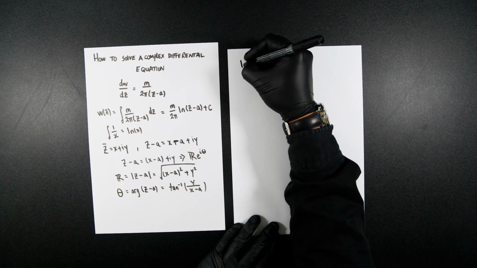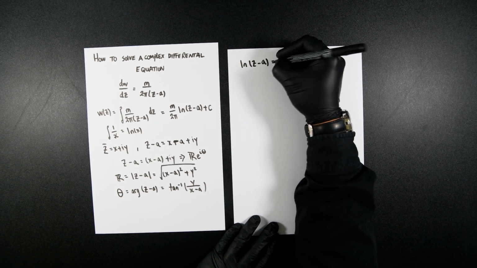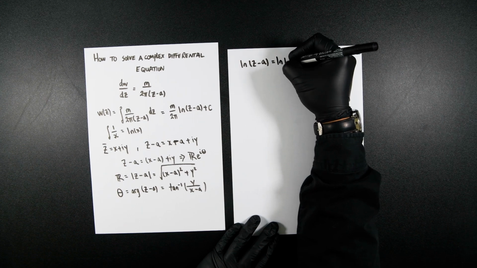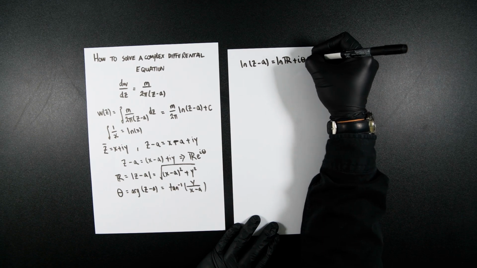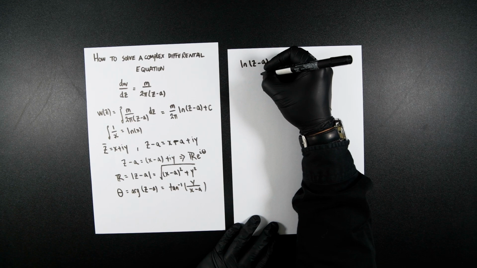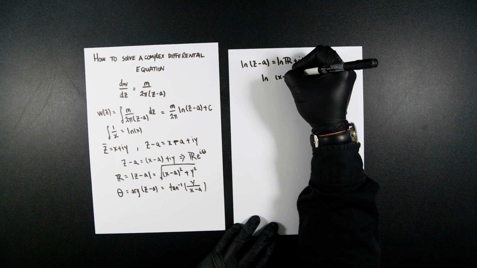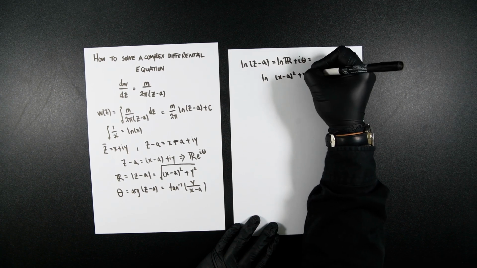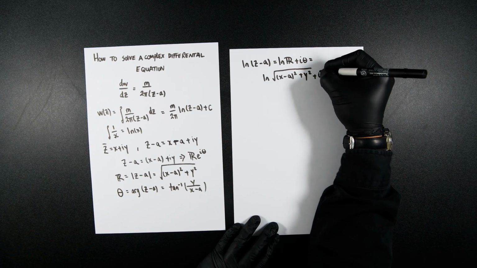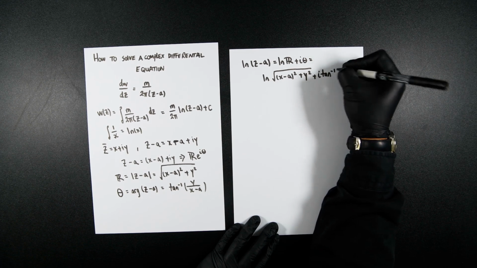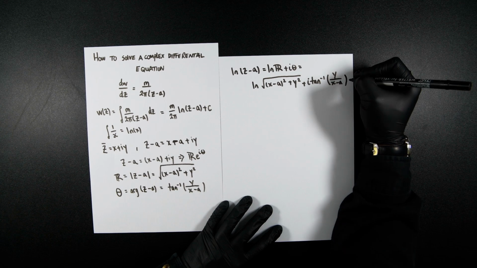So we have ln z minus a, and that's going to equal ln r plus i theta, which is going to equal, I'll put it down here, ln x minus a squared plus y squared, all square rooted, plus i, the inverse of tan, y over x minus a.